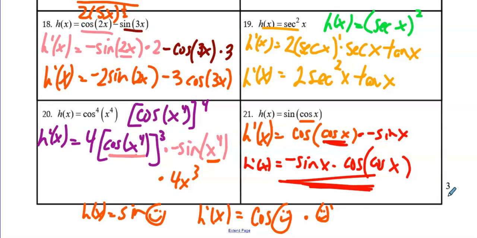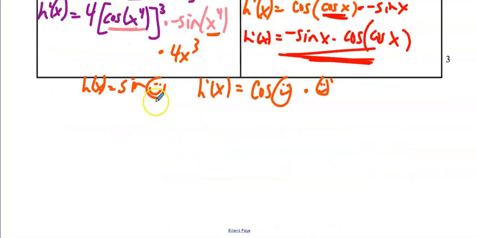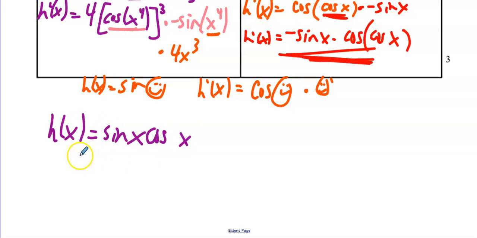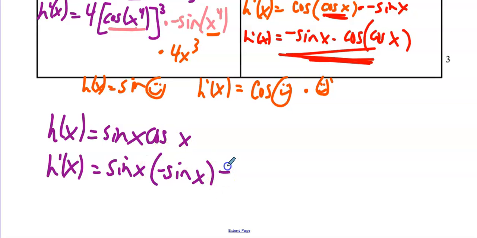So that is a lot of examples, way too many examples. But you guys see I did the same thing for every single problem, right? And by the way, what if I give you guys the function sine x times cosine x? What's the difference between that? Well, you have to use the product rule here. You're going to have the first times the derivative of the second plus the second times the derivative of the first.